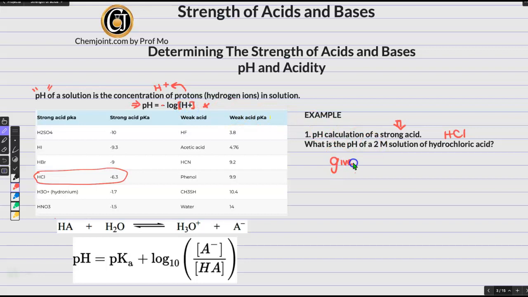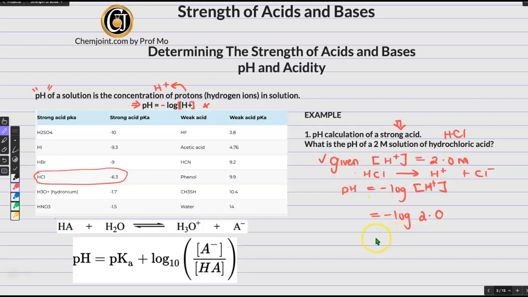We are given that the acid concentration is 2 moles per liter. We know that when HCl is put in water, it's going to ionize to H plus or hydronium and Cl minus. So that 2 stays. Our equation that we'll use is pH equals negative log of the concentration of the acid, in which case it will be negative log of 2.0.